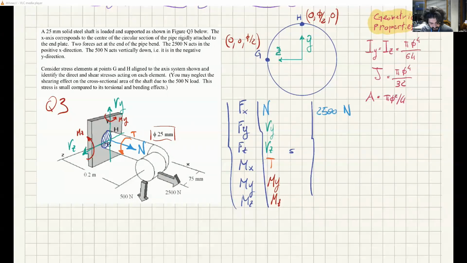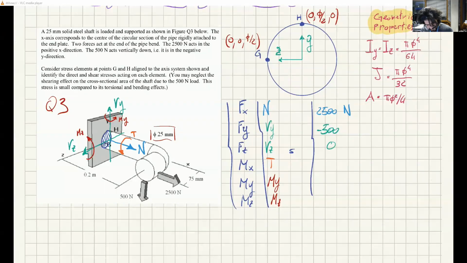Regarding the shear force, we have negative 500 newtons in direction y. Y is upwards, this force is going down, so we have minus 500 here. And we have 0 for Vz, because as you can see, there are no active forces in the z direction.